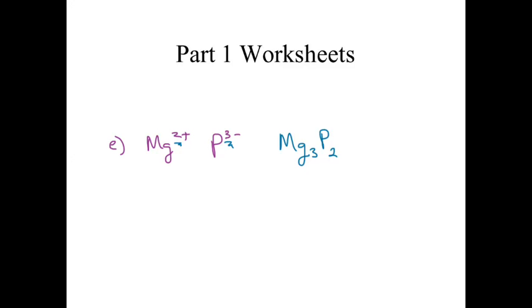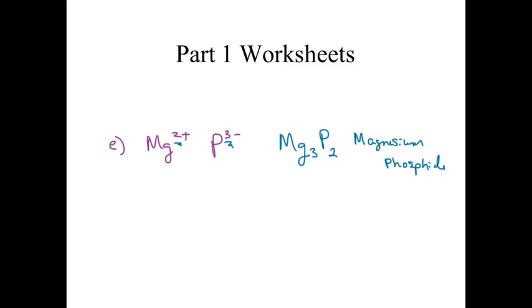So since magnesium is a 2A metal, it's just going to be magnesium. Now, I'm not a good speller, but I can tell the difference between magnesium and manganese. So magnesium, and then the last name, it's not phosphorus, it's phosphide. So that's what you'll do for all that top section.